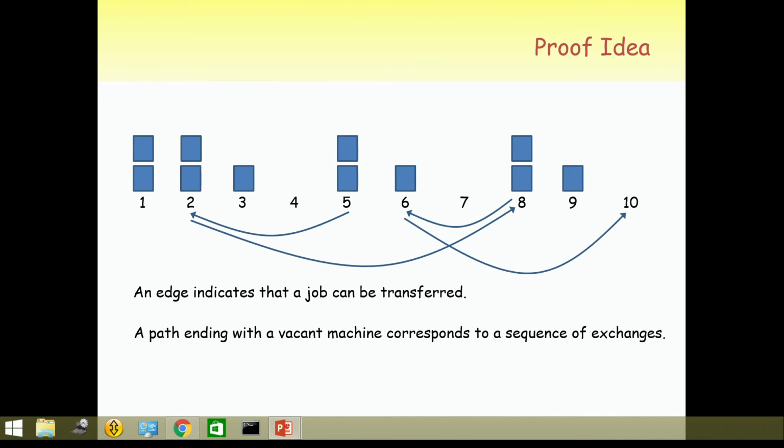I can look at this graph, and if I want to move a job from a particular machine, I can define the shortest path from that machine to a vacant machine. This I'll call the height of a machine.